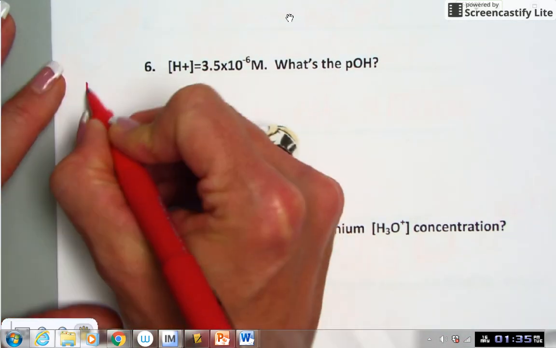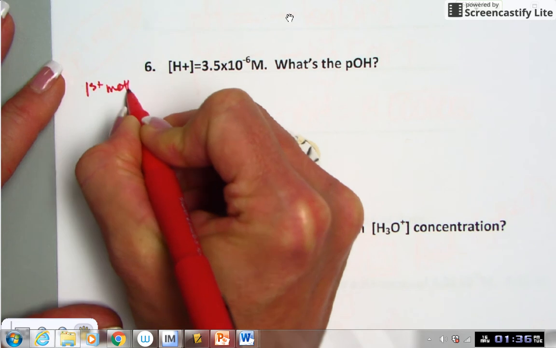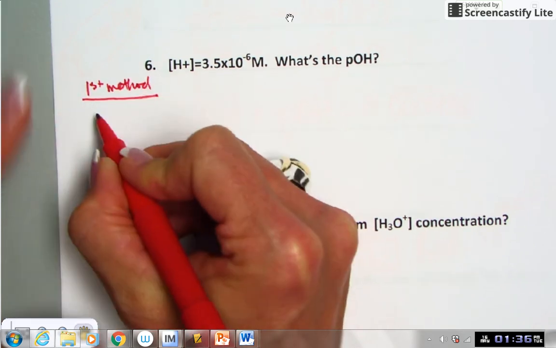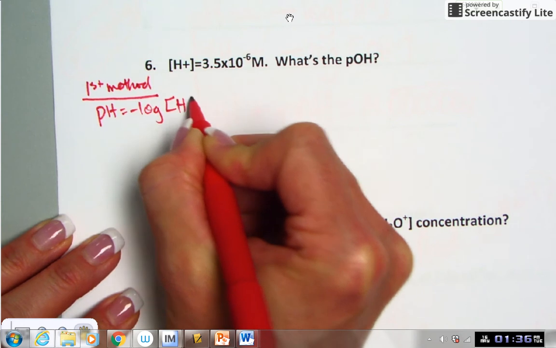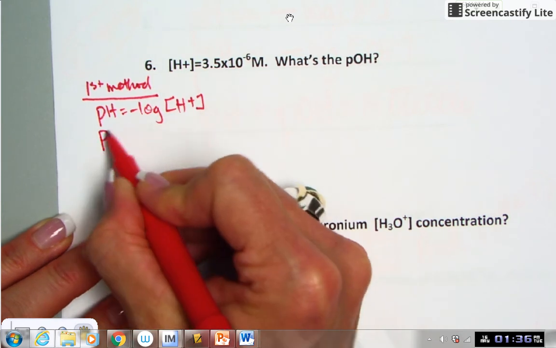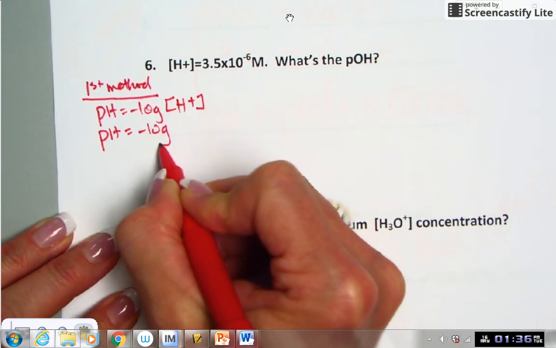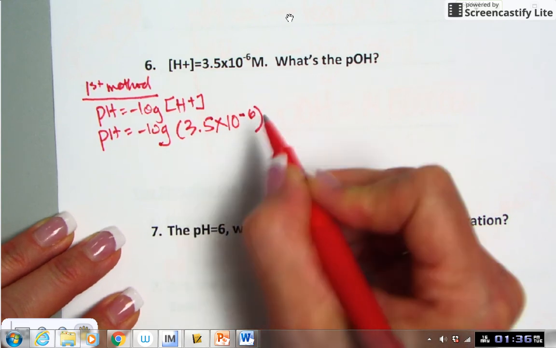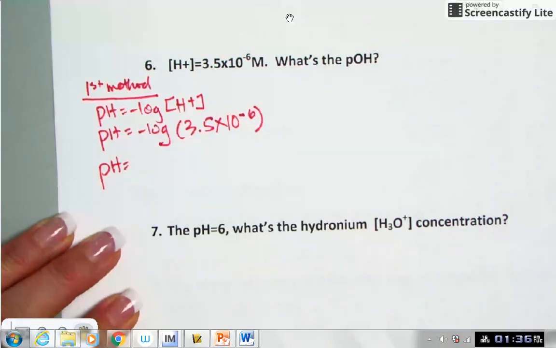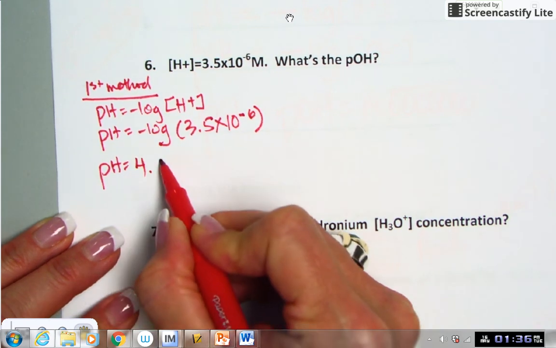All right, so the first method is I'm going to first use pH equals negative log of H+. So pH is negative log of 3.5 times 10 to the negative 6. I'll plug that in your calculator. You should get 4.5.